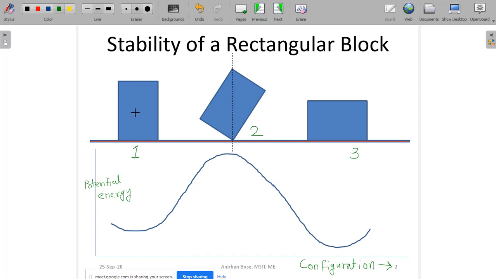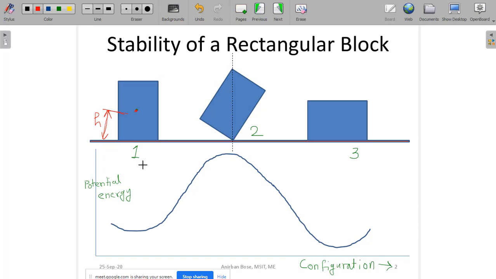In a simple way, you know that if this is the position of the CG, let us take the red one, and if this height from the base is h, then simply the potential energy will be mg into h.